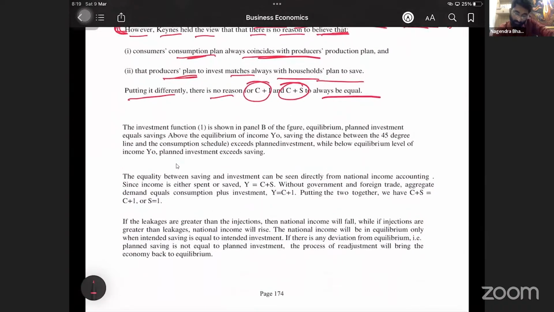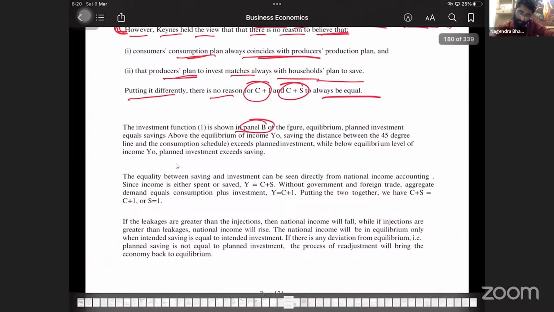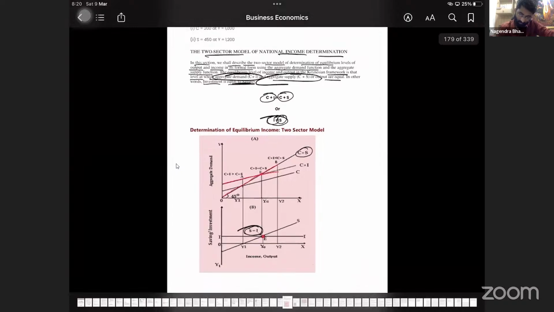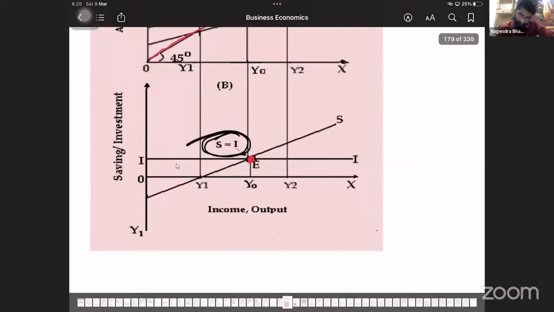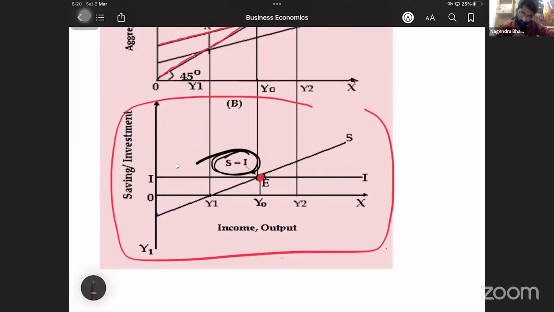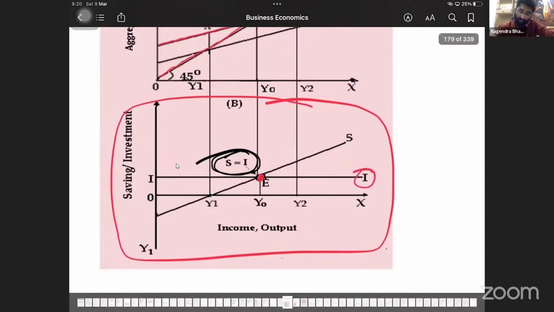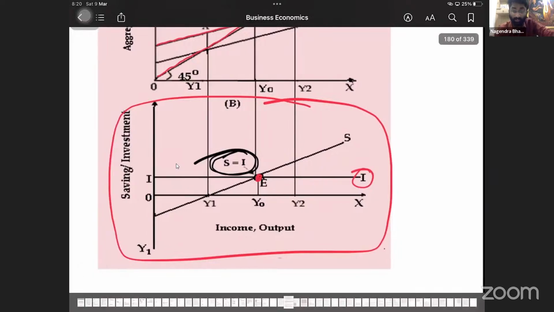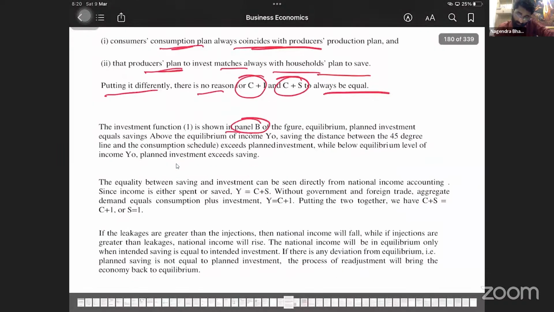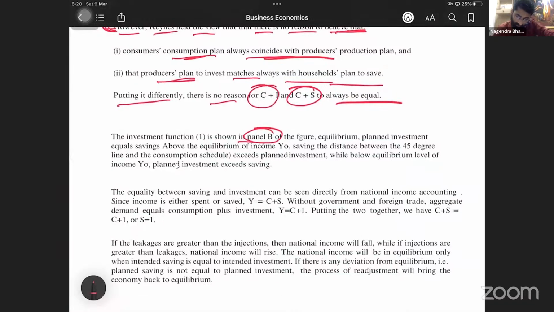The investment function I, shown in panel B, is always constant. We discussed this. The planned investment equals savings at the equilibrium level of income Y0.